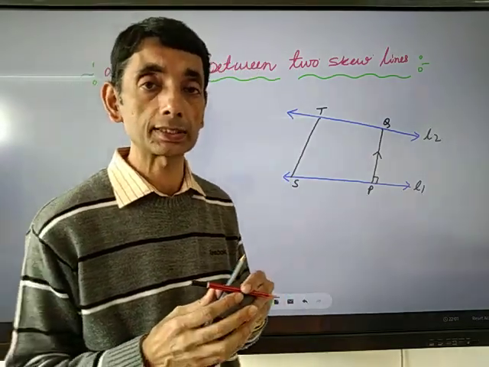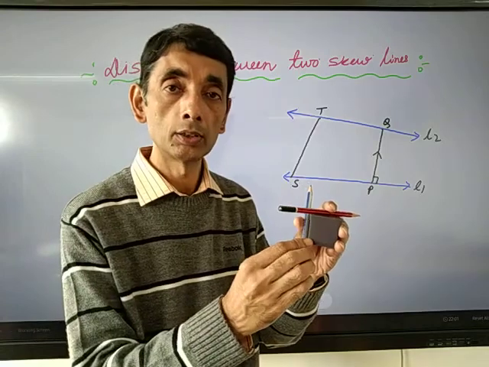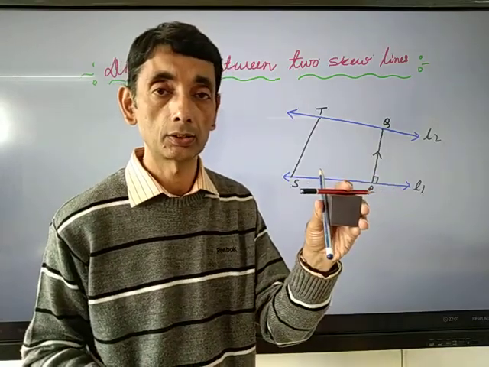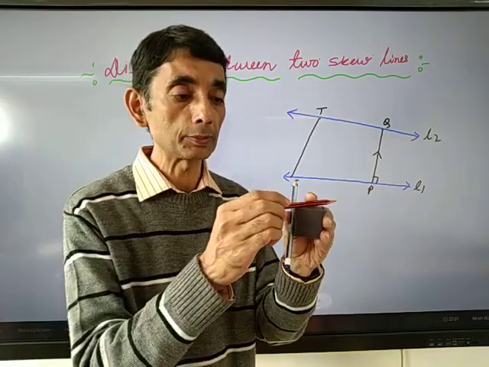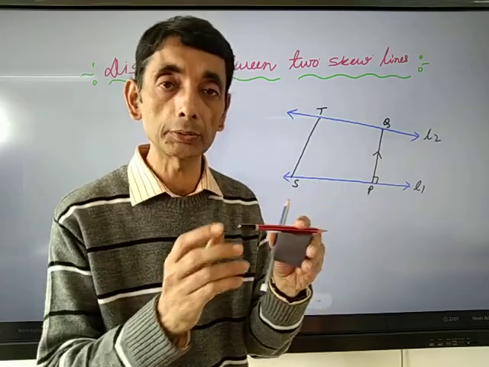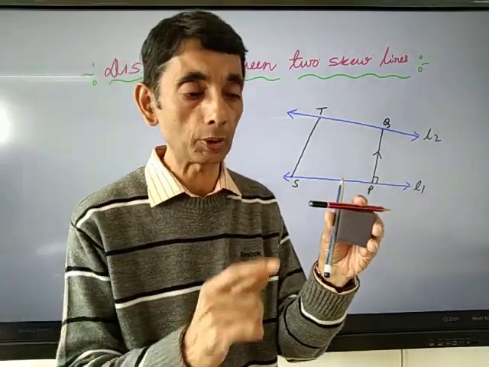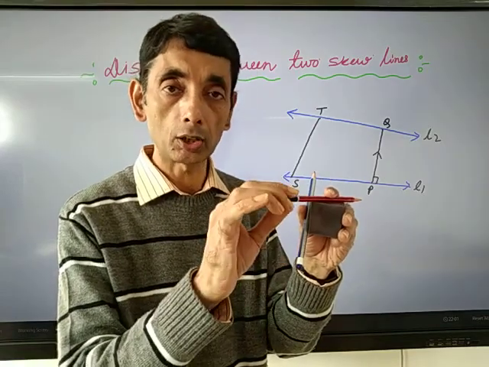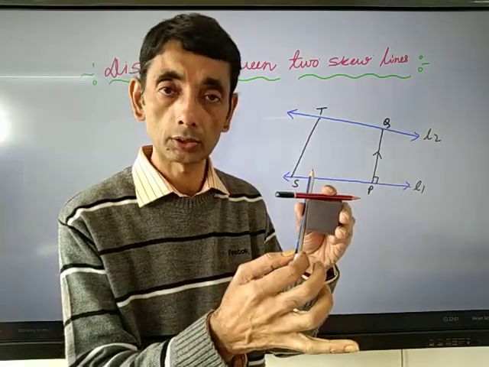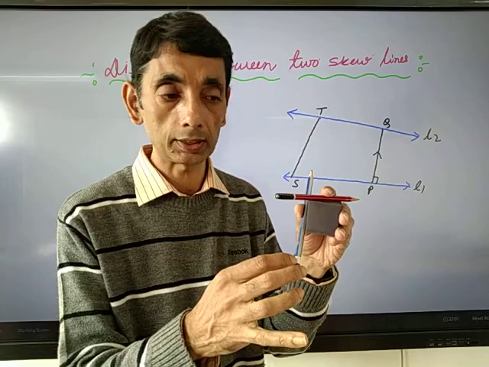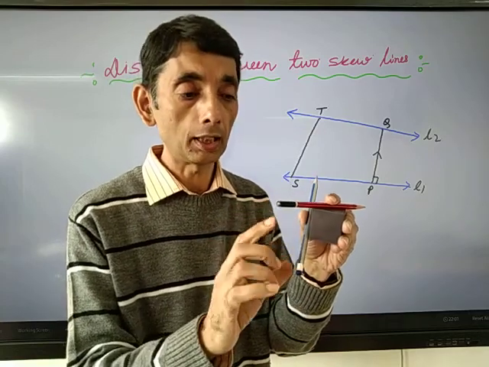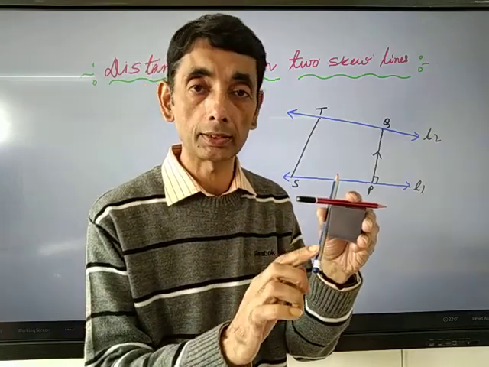Today we are going to discuss how to find the distance between such lines. To find the distance, first we'll consider any two points, one point on this line and another point on the other line, and then we need to find the projection of this line.